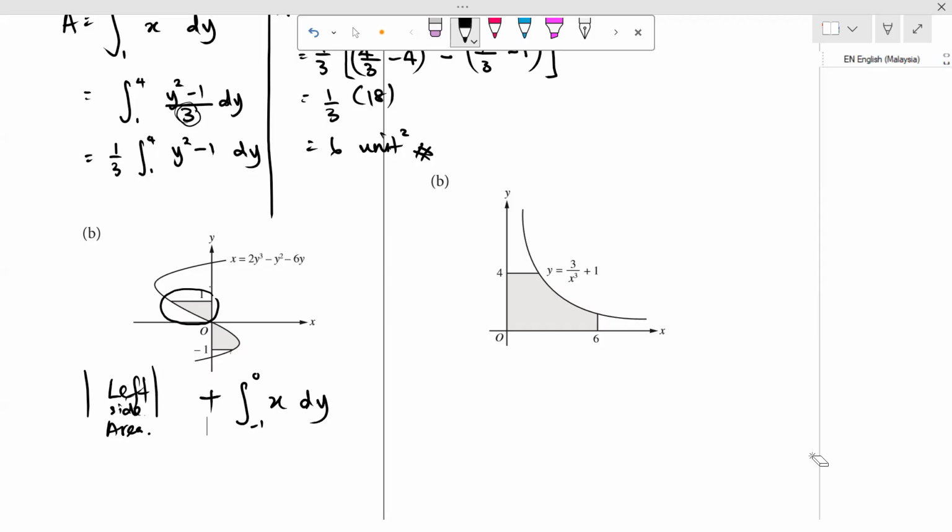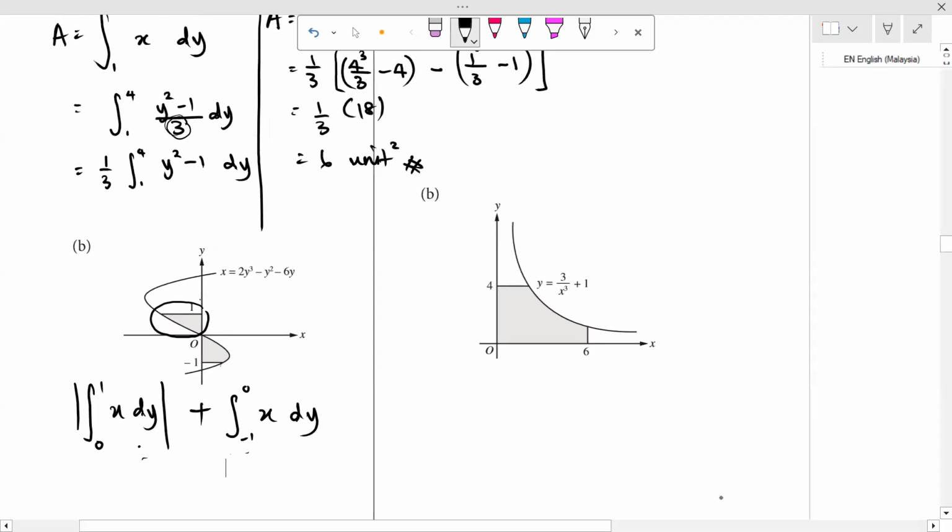I better do it like this: modulus from 0 to 1, x dy. Or you swap the positioning, also can. It's alright. So I won't go in depth. You should do it by yourself. This one, I think you should know.